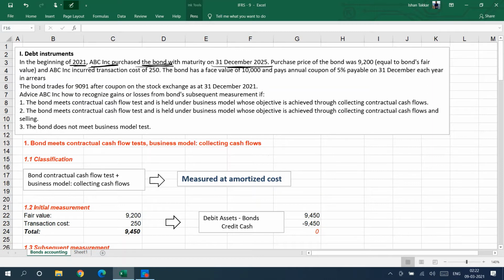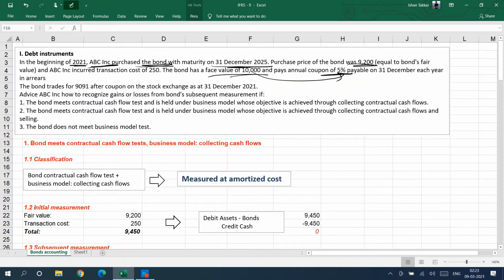You got that bond for 9200, whereas the face value is 10,000. What is the face value? Face value is that value on which the interest, the coupon, is calculated. And that bond carries a coupon of 5%. So how much interest will you be getting? 10,000 into 5%, that is 500.